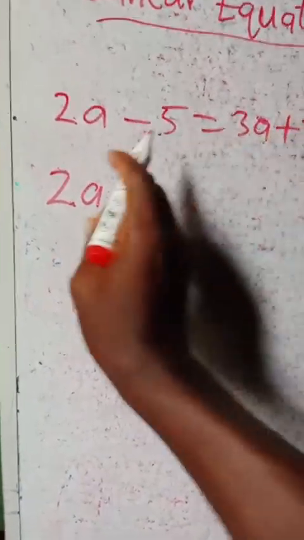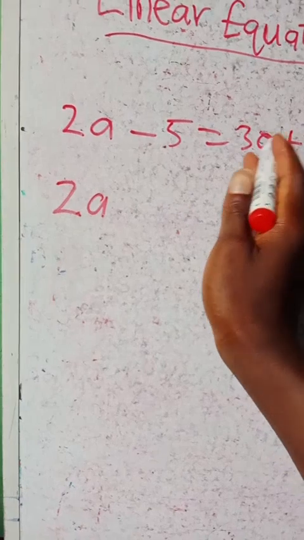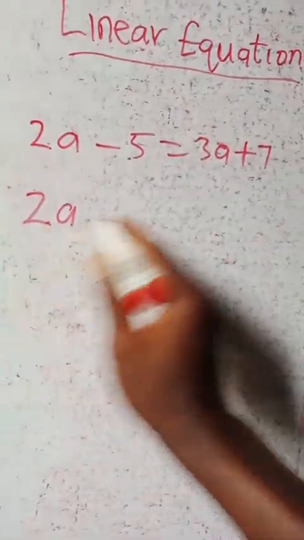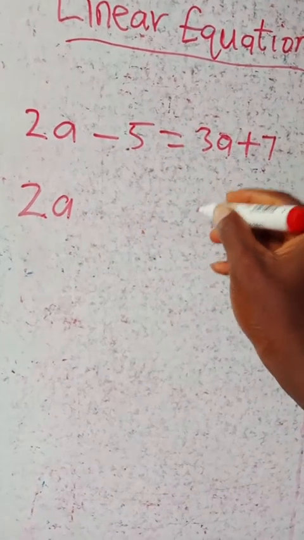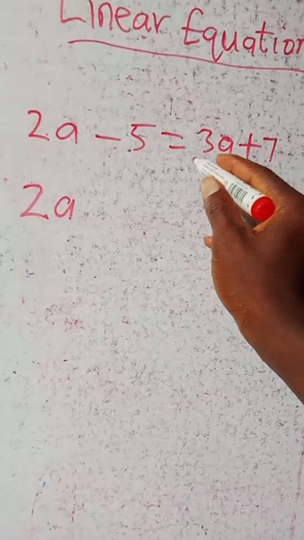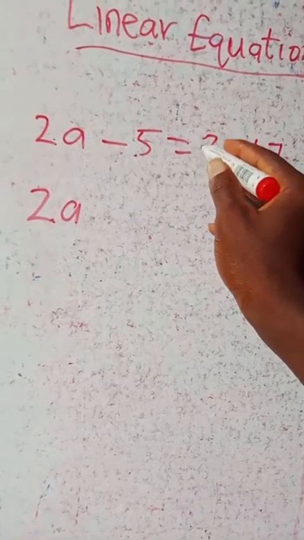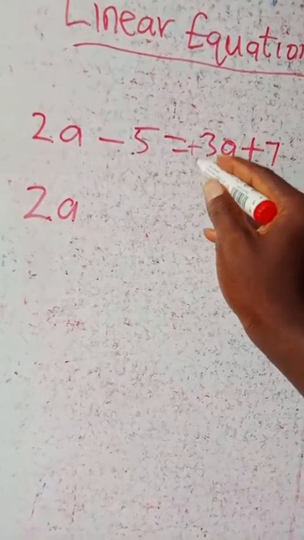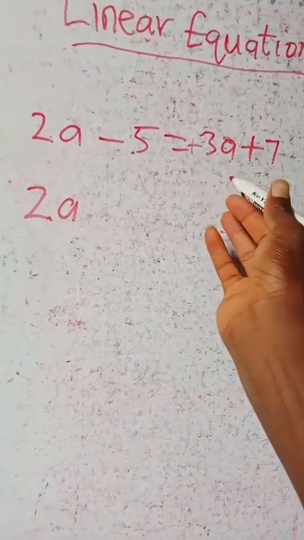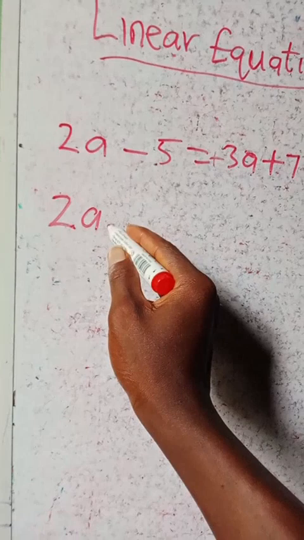We will not just take it like this. This 3a has a positive sign, an invisible positive sign because there's no minus there, and we have to take it to where its brother is.